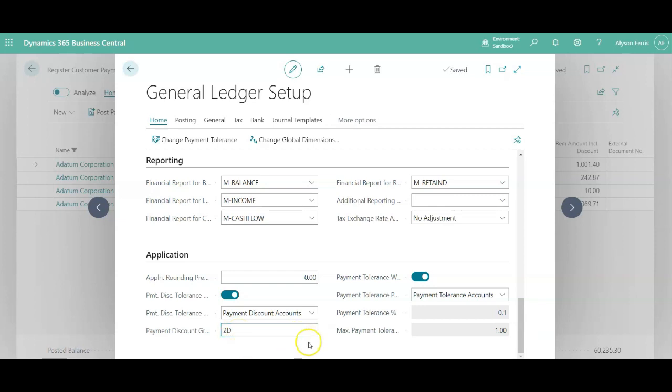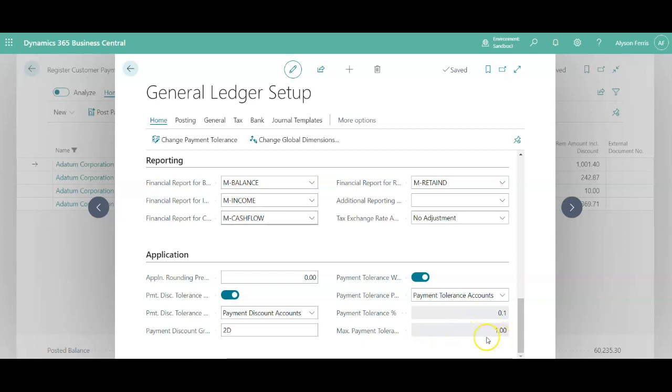So that the percentage that we choose, 0.1% here, that's going to apply to the difference between the payment made and the invoice amount due. So as long as the customer pays within 0.1% of the invoice amount, we will accept it and we'll write that off to a maximum payment tolerance that we set here to $1. And this is that maximum $1 set here.